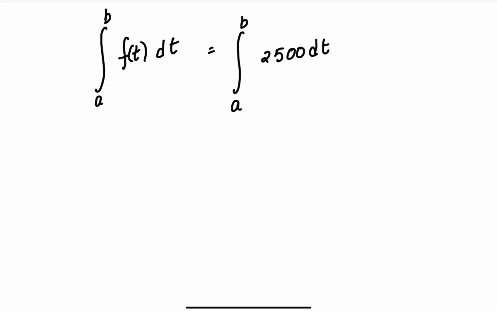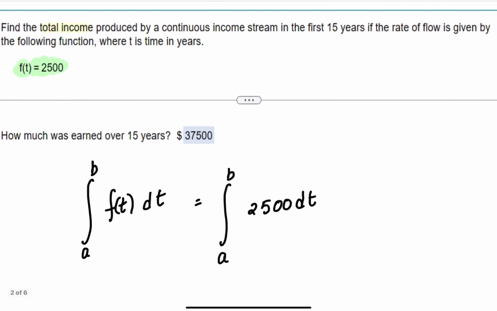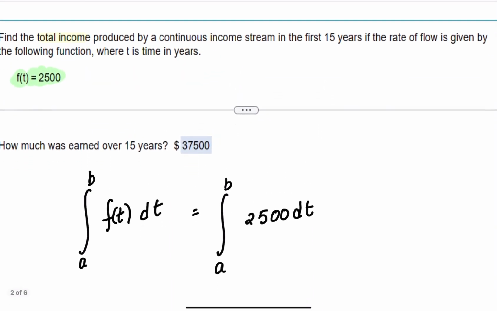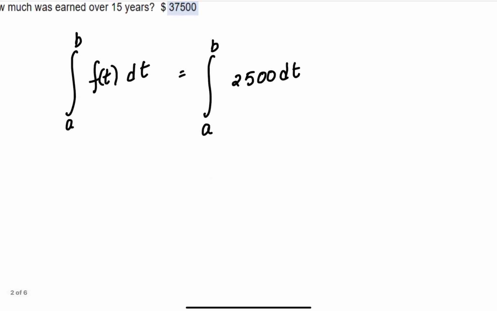But you might ask, Miss, what is a and what is b? How do I know? They did not tell me. They said the first 15 years. That means you start from your 0, go all the way up to your 15. So your a value is going to be 0 and your b value is going to be 15, and this is 2,500 dt.